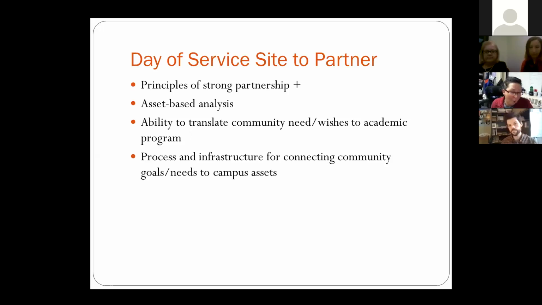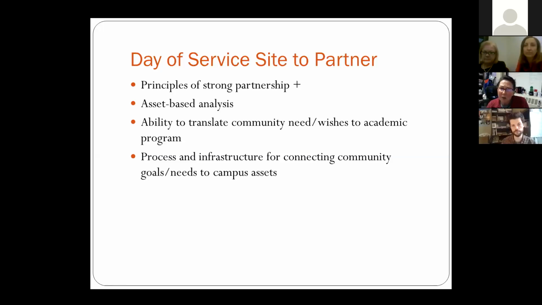So part of what I want you to try to listen to today is the examples from St. John's and Hobart and William Smith of where you can see a knowledge of the assets of their campus being brought to bear on the development of the partnerships that each of the case studies are going to offer you.